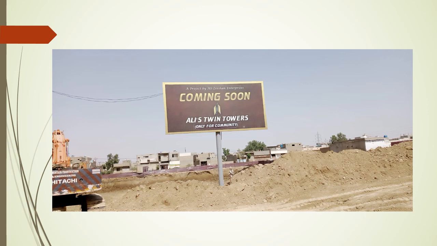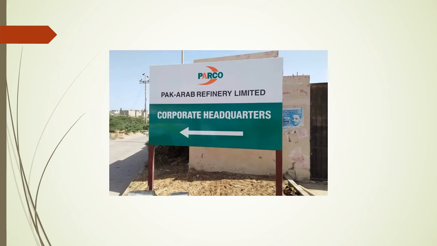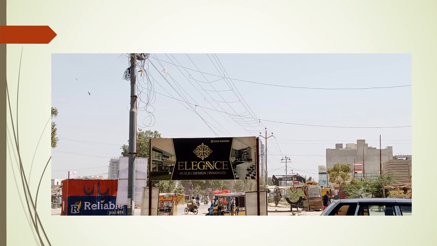In the engineering side, in the development side, or you can say in the industrial side, they use the English language dominantly. This is another billboard of Pak Arab Refinery Limited Corporation headquarters. So it is also written in English. The last one is also in English.